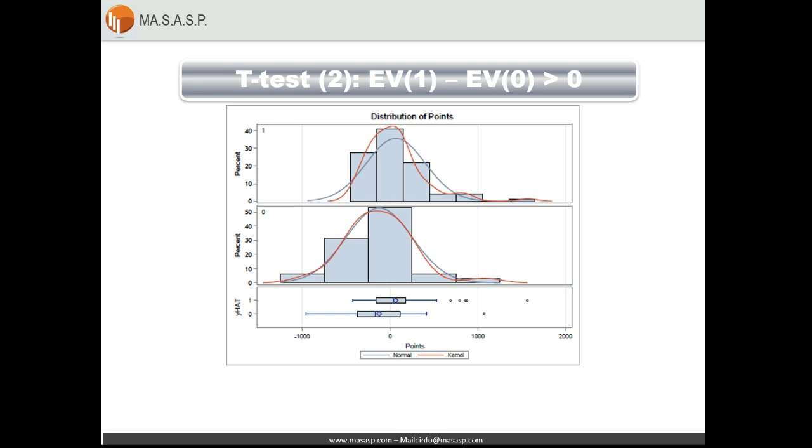Here we have the profit and loss distribution related to the y hat equals 1 trade set, and to the y hat equals 0 trade set, respectively at the top and at the bottom of this chart. The y hat 1 mean happens to be definitely bigger than that of the y hat 0. Look.